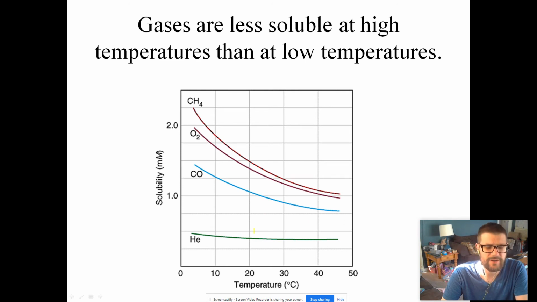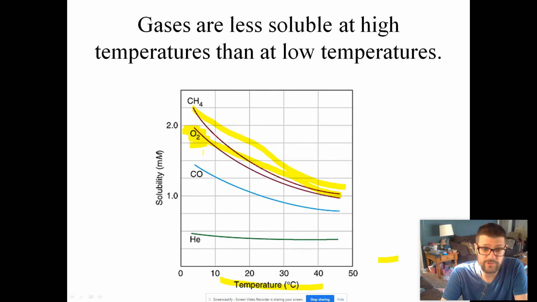So here's what I was just saying about gases. Most gases, as you raise the temperature, the solubility goes down. And when you're thinking about dissolving gases, one of the key things is dissolved oxygen. That shows up very importantly in biological processes.